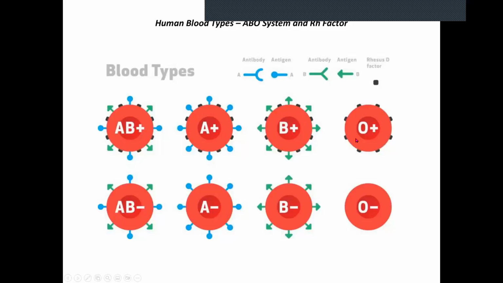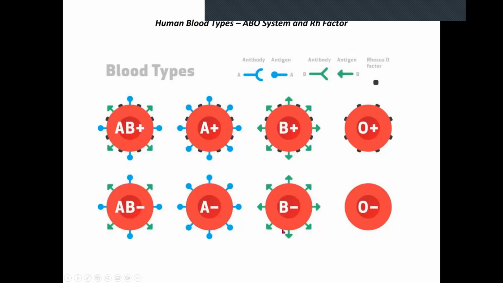My blood type is O positive, so I can donate to these three here. O negative can donate to everybody, so they're the most wanted blood type because there's no fuss, they donate to anybody.